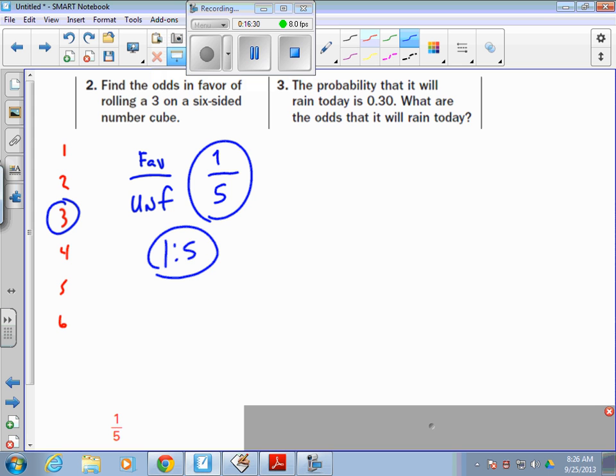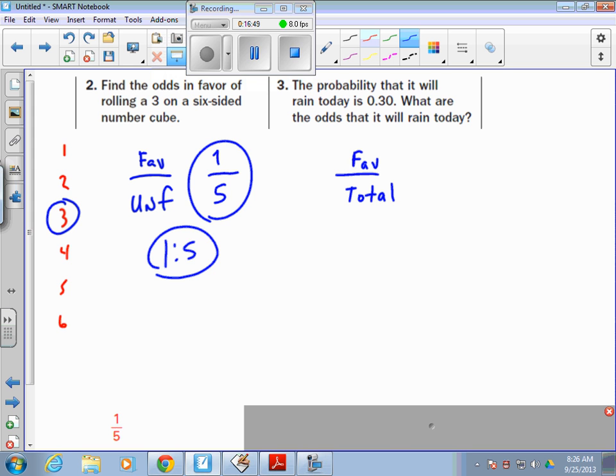Then it says the probability it'll rain today is 0.30. What are the odds that it'll rain today? Again, probability means favorable over total. That's probability.